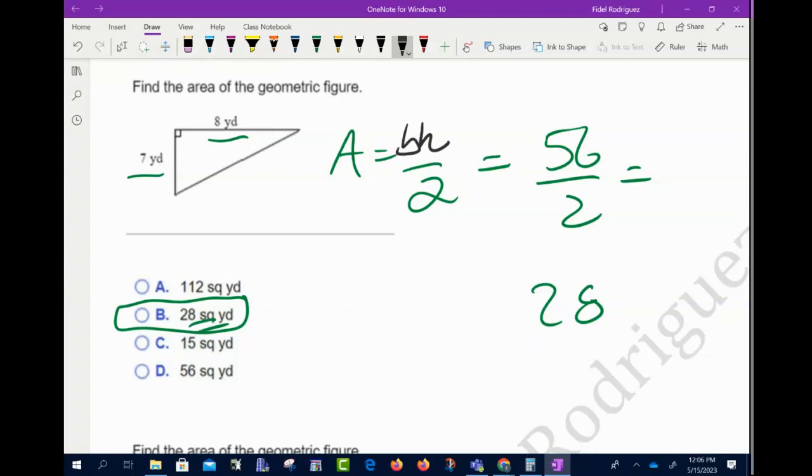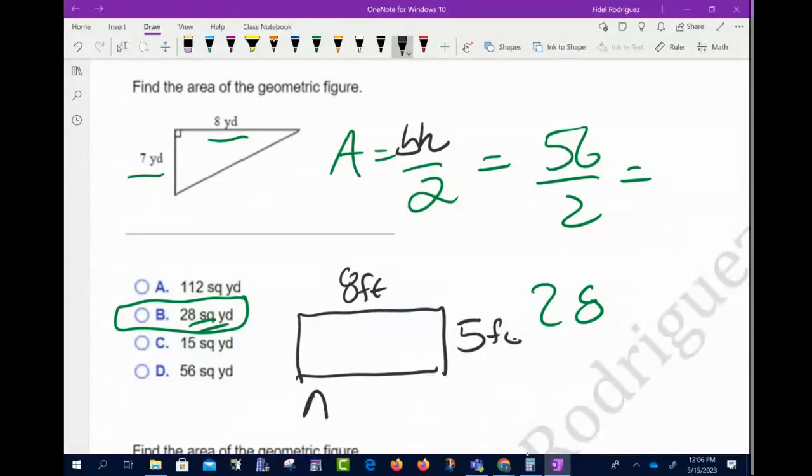And I'm going to show you this real quick. Let me show you something, y'all. If I had a rectangle here, I'm just making this up. Okay, look. If that side was 5 and this side was, say, 8, and I'm going to say they're feet, would you all say the area of the rectangle would be 40 square feet? Now let me ask you a question, y'all.